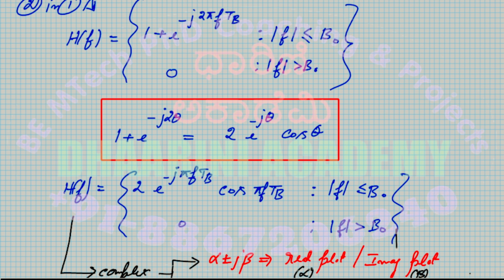So I can rewrite now: 2 times e to the power minus j pi f tb into cos of pi f tb, when magnitude of f is lesser than or equal to b naught. And this is going to be 0 whenever the magnitude of f is greater than b naught.